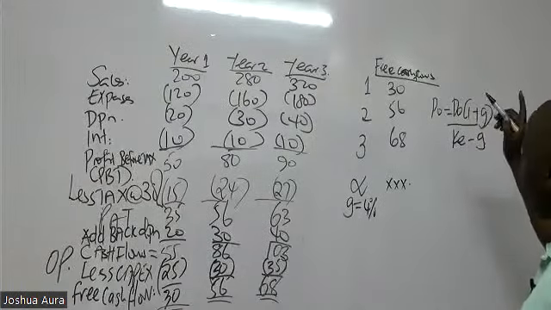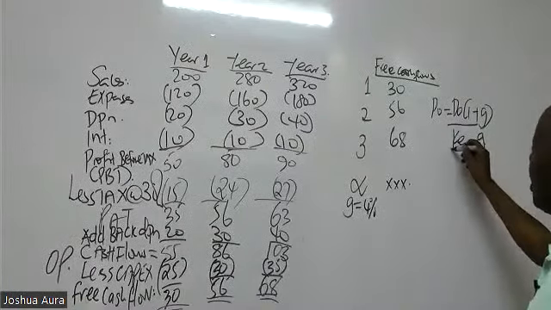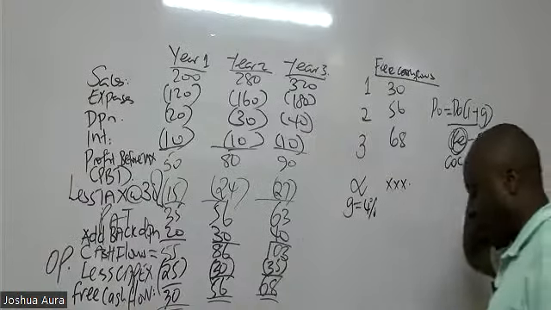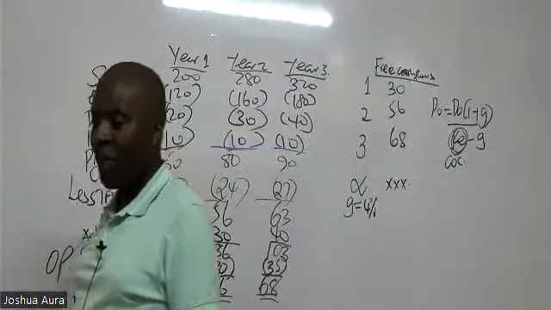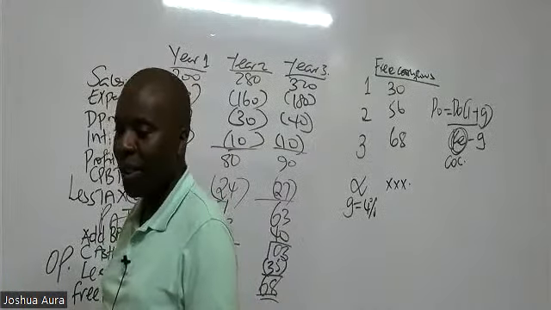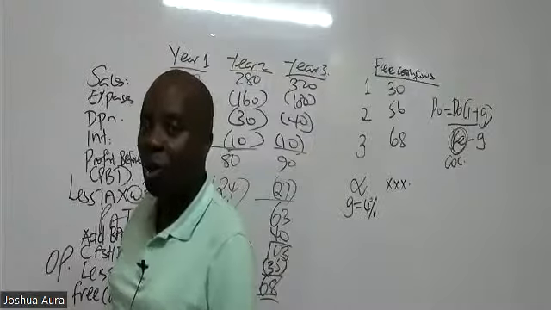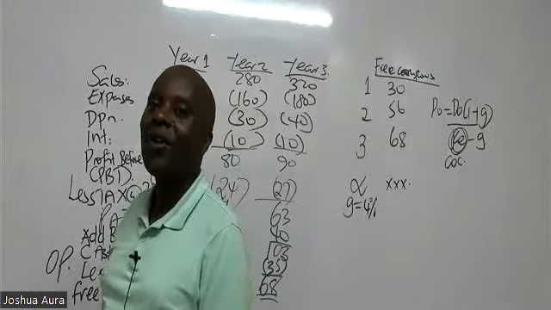But again, remember, this is for purposes of you cramming. Otherwise, we should always know that this KE is always the cost of capital. Which cost of capital do we have? We have our WACC, our weighted average cost of capital.